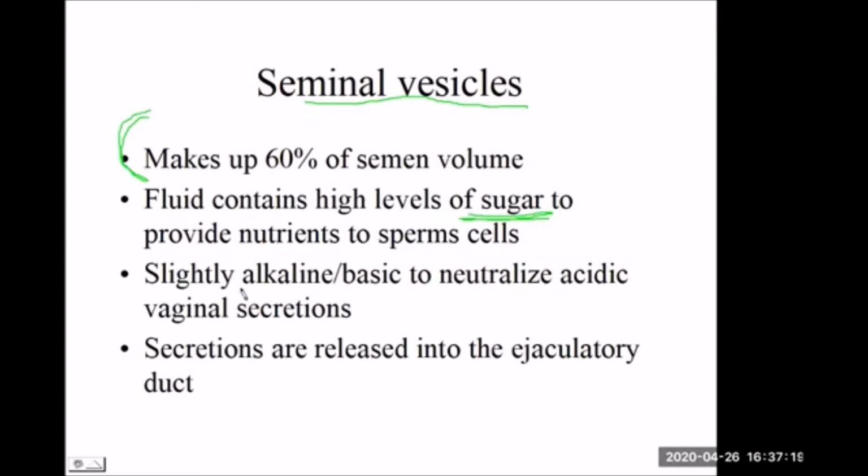We mentioned a pH buffer, so it's slightly on the higher end of the pH scale, more alkaline or more basic, in order to counteract the acidic environment the sperm cells are exposed to. And we see that the seminal glands themselves excrete their fluid directly into the prostate, and two canals that run through the prostate are the paired ejaculatory ducts.